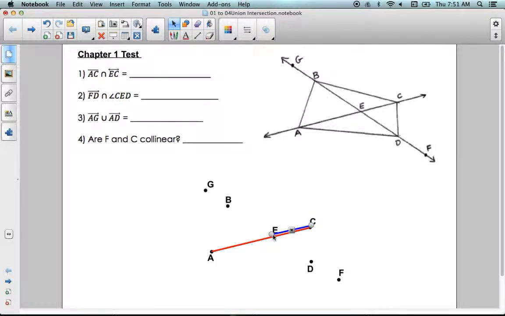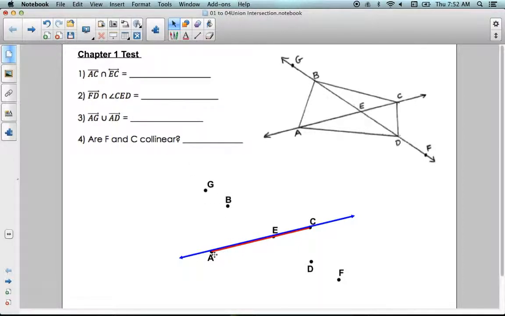So I'm going to connect E and C, and then I'm going to extend this a little apart from the red lines, the red segment, so that you can see where they overlap. And this is going to continue on forever. Okay, so what we have is the segment AC and the line EC. And what we're looking for is the intersection, which means where they overlap.